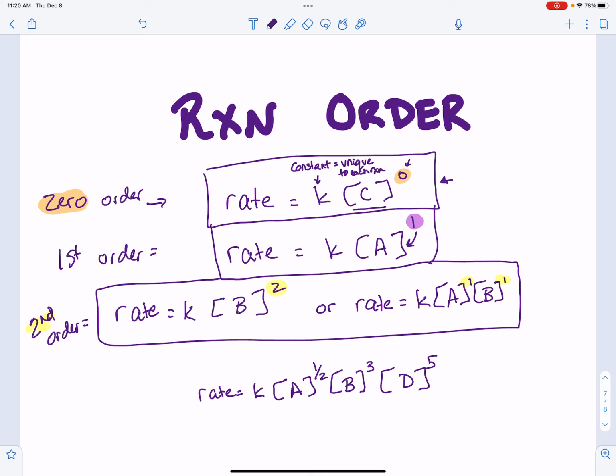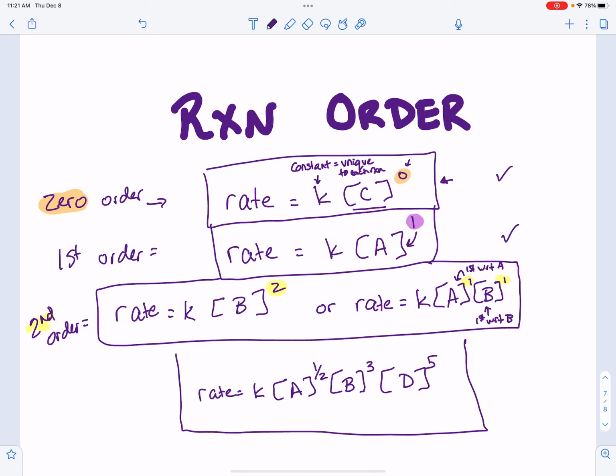That's how we're classifying these reactions. But you can also say that this is first with respect to A, or that this is first with respect to B. And finally, this last one is just a crazy scenario to show you a few things about order.